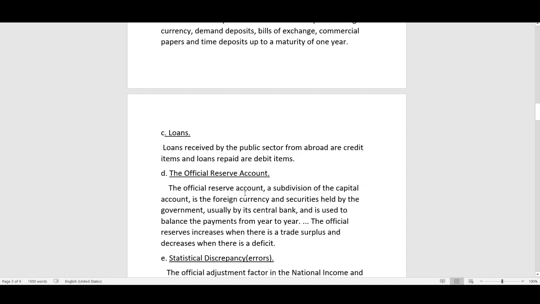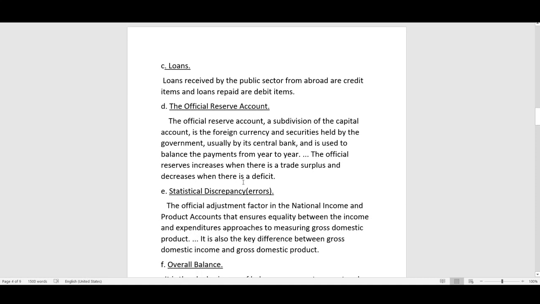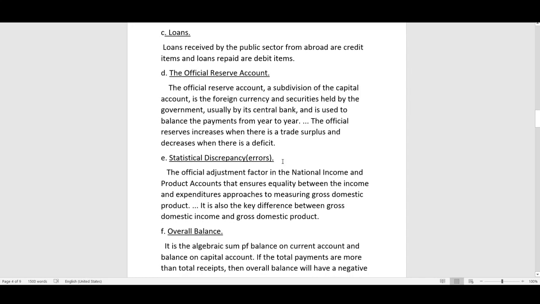The official reserve account, a subdivision of the central account, is the foreign currency and securities held by the government, usually by its central bank, and is used to balance the payments from year to year. The official reserves increase when there is a trade surplus and decrease when there is a deficit.